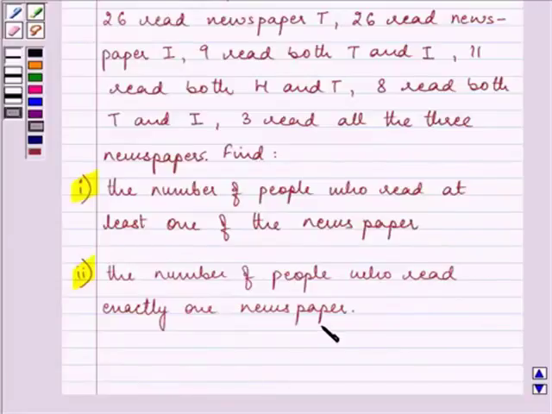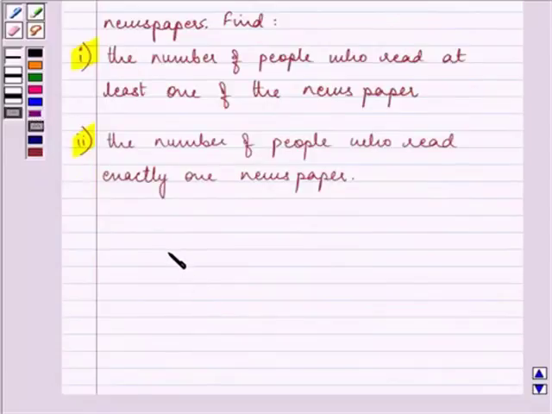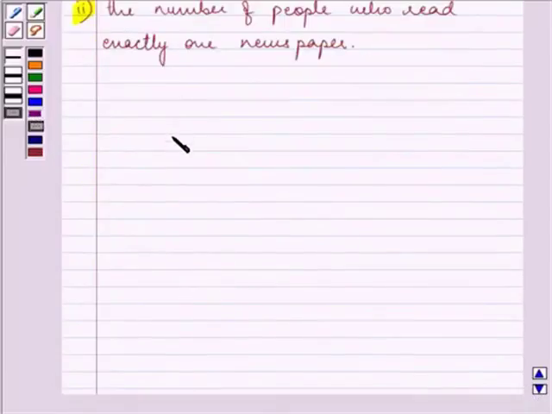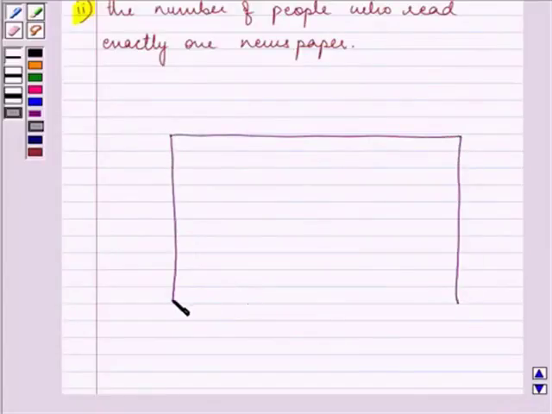Right. So in this question we'll use Venn diagrams which will show us the relationship between these sets. Let this be the universal set.